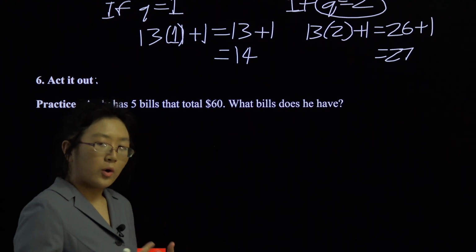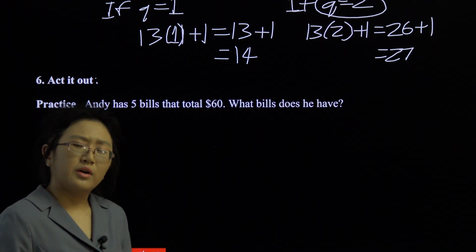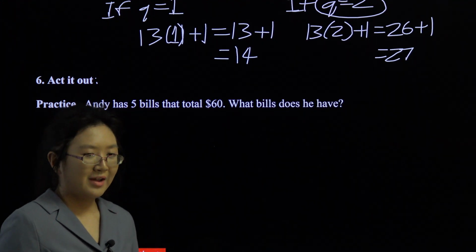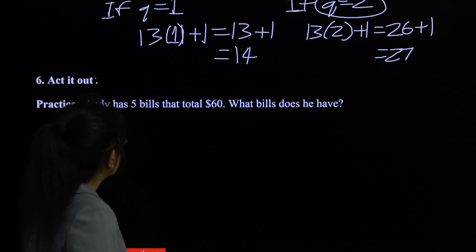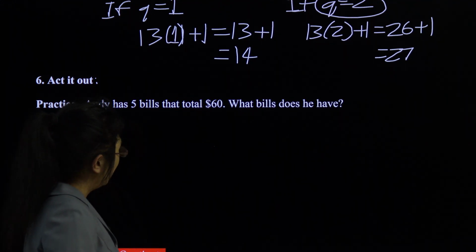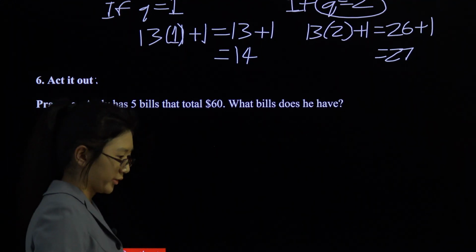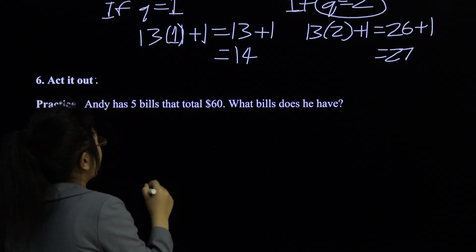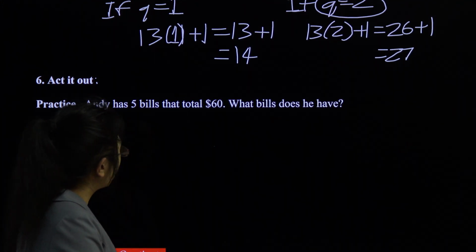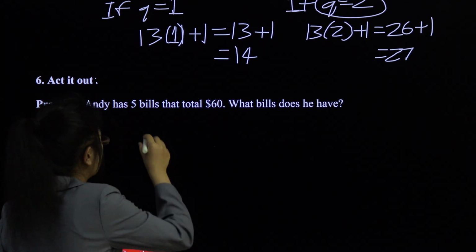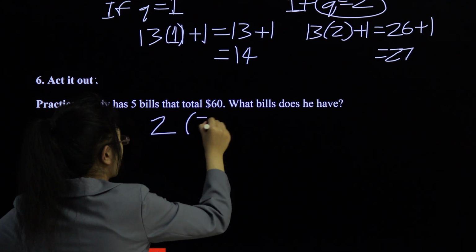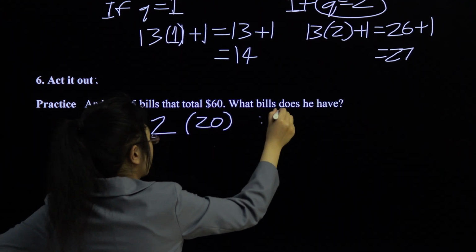You could have bills and coins that have a total of $10, but not with only bills. So the next option would be to have $20 bills. They can't have 3 $20 bills because 3 $20 bills is already $60. So let's just say they have 2 $20 bills. So 2 20s, and that's $40.